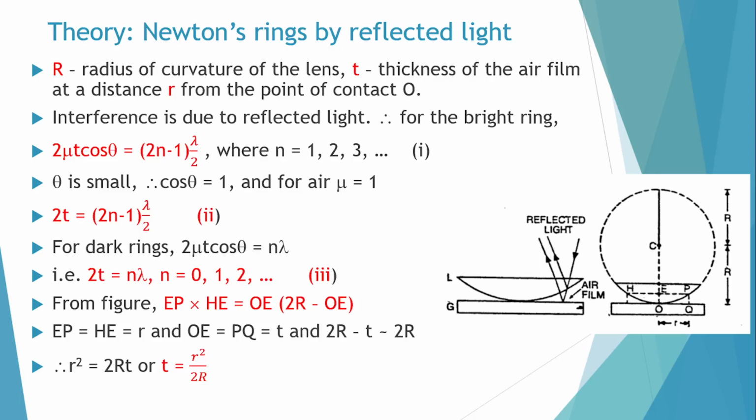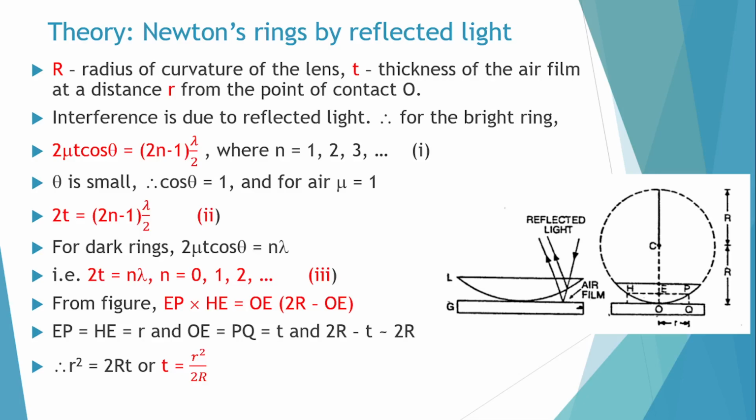Now consider that capital R is the radius of curvature of the plano-convex lens, and small t is the thickness of the air film at a distance small r.